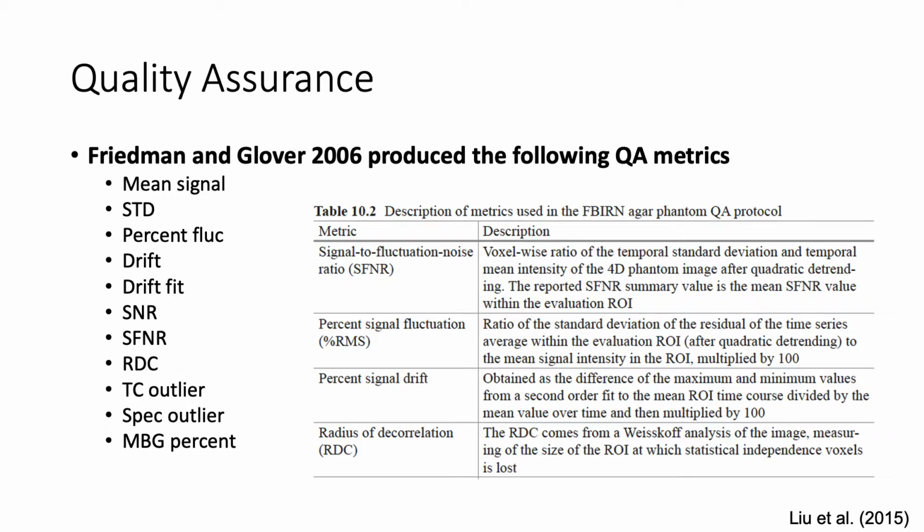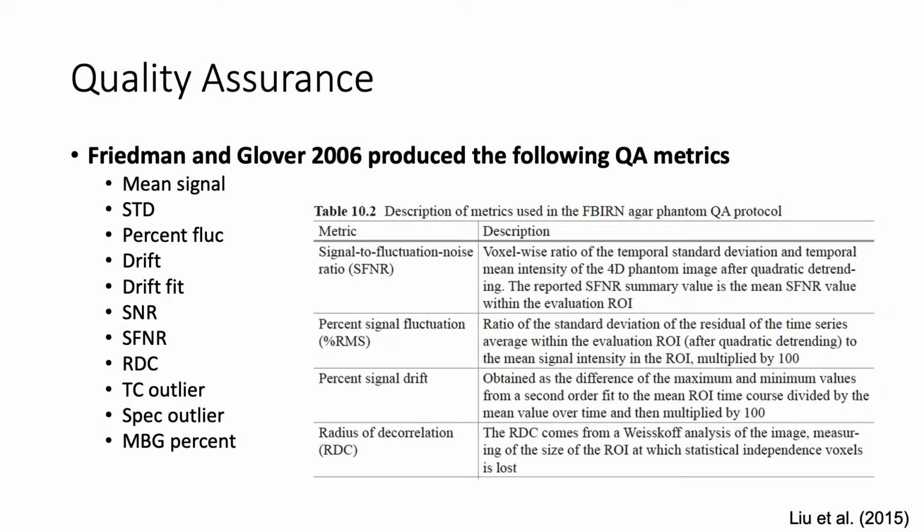So the 2006 paper, they wrote about several different quality assurance metrics that are important to pay attention to. The ones that I pay attention to the most, from an experimenter level, are really your signal to noise ratio, or your signal to fluctuation noise ratio, your percent fluctuation, how much drift there is, and the mean signal.